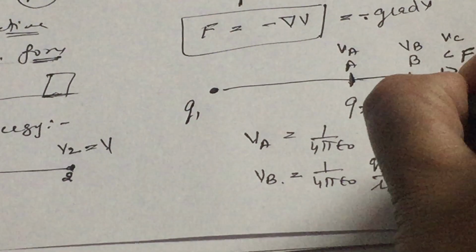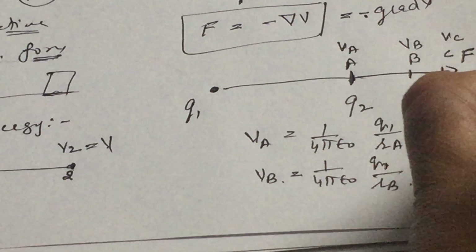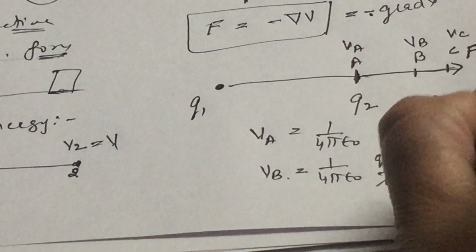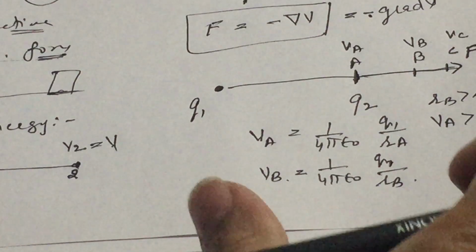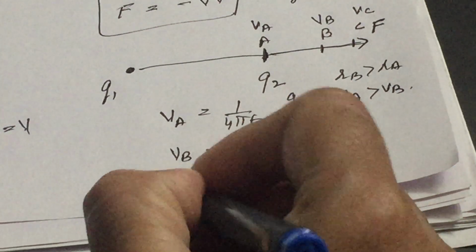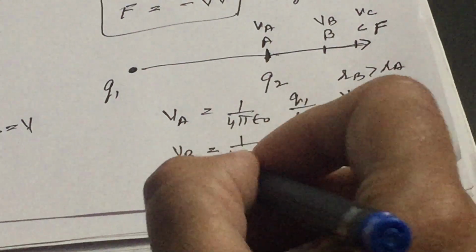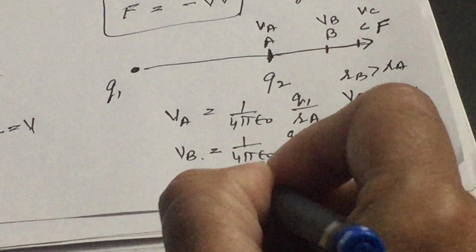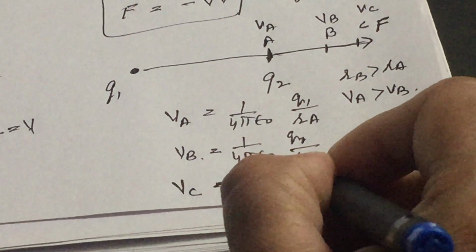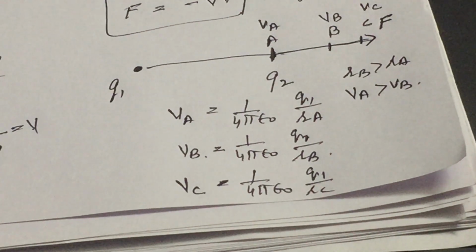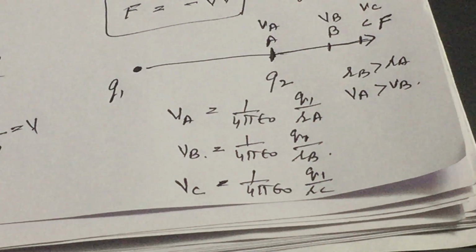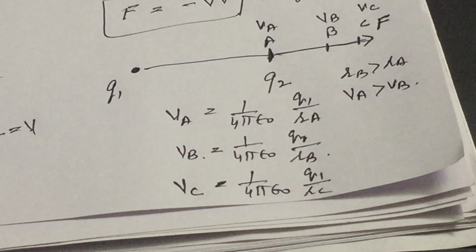If Rb is greater than Ra, then Va is greater than Vb. Similarly, for the third position, Vc is equal to 1 upon 4 pi epsilon naught Q1 upon Rc, and we know that Rc is greater than Rb and Rb is greater than Ra.